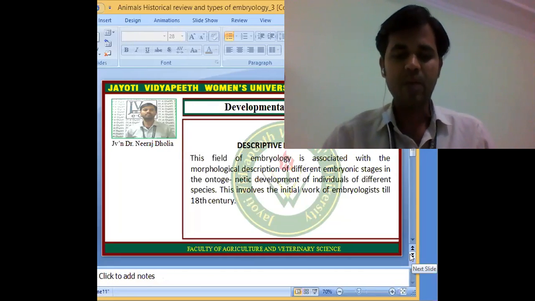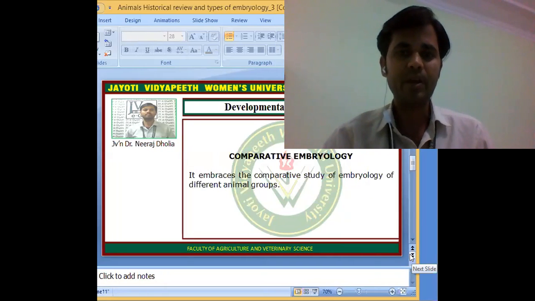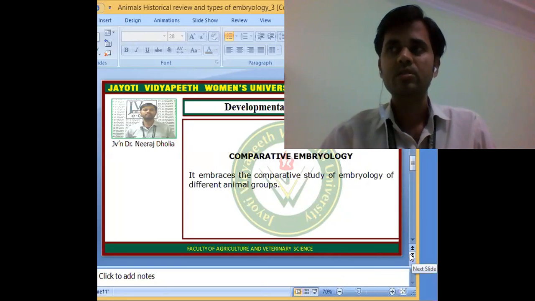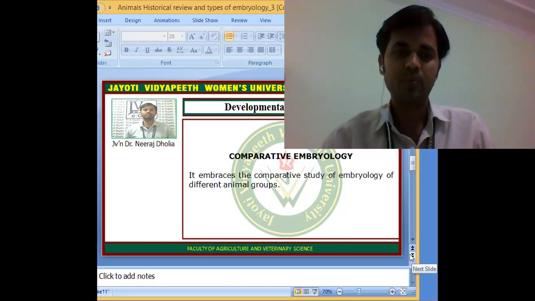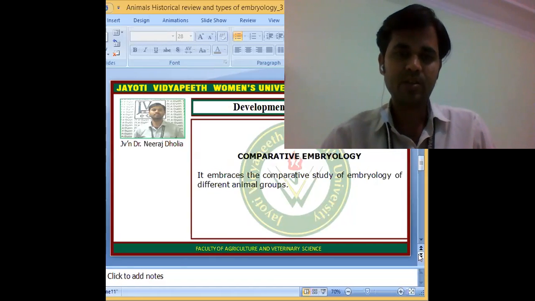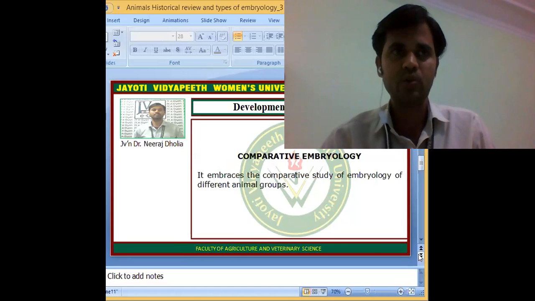So the next type of the embryology is the comparative embryology. As its name suggests, it compares. It embraces the comparative study of embryology of different animal groups. So why is it important? It is important because the comparison gives an idea about the development or the evolution, from prokaryotes to eukaryotes up to a mammal.